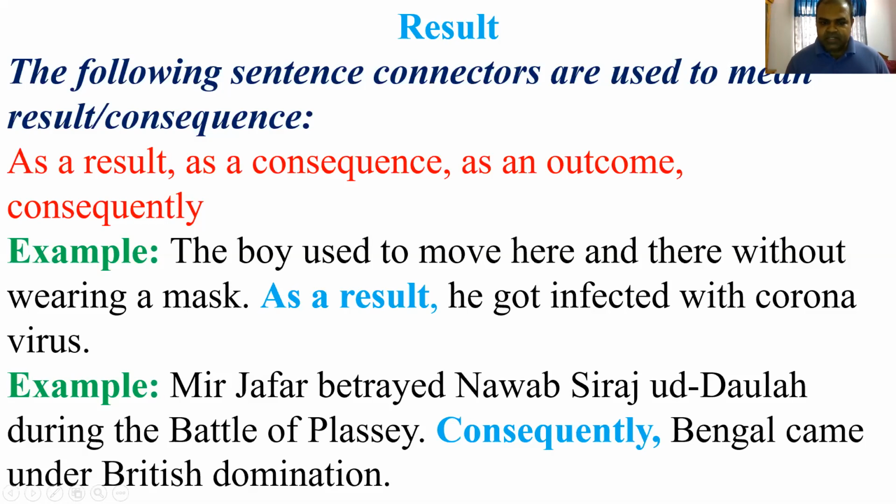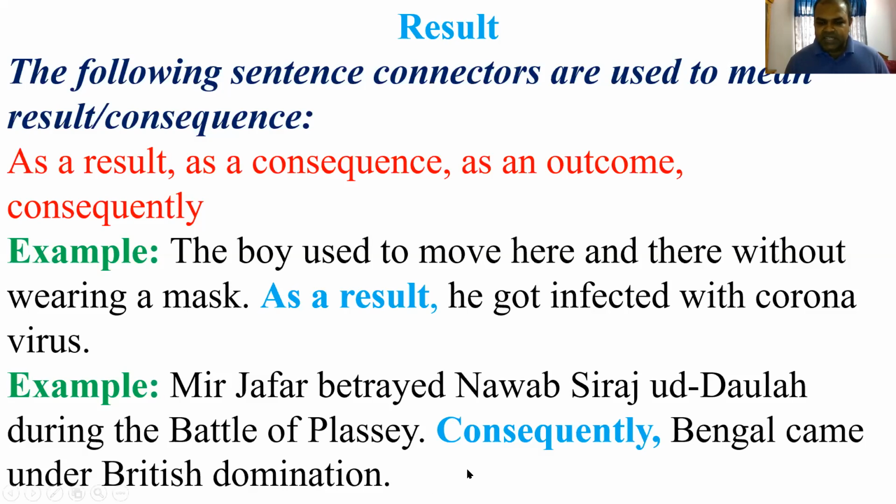We know that Mir Jafar betrayed Nawab Siraj-ud-Dowla during the Battle of Palashi. And what was the result of his betrayal? The result of his betrayal was that Nawab Siraj-ud-Dowla was defeated in the Battle of Palashi and he lost his country forever.